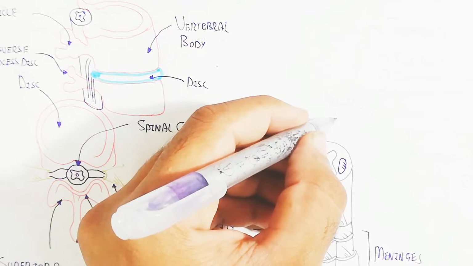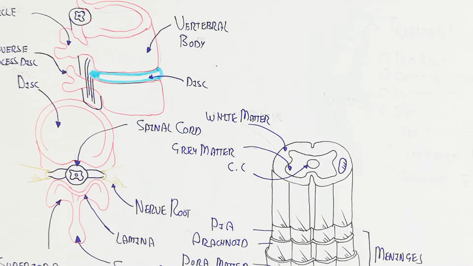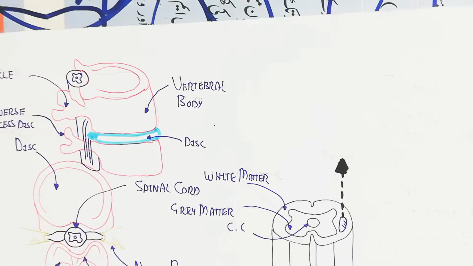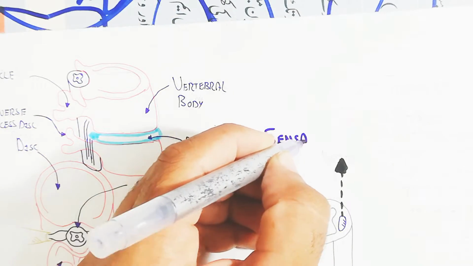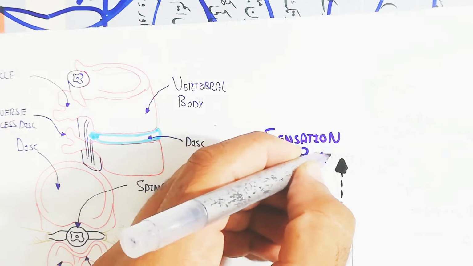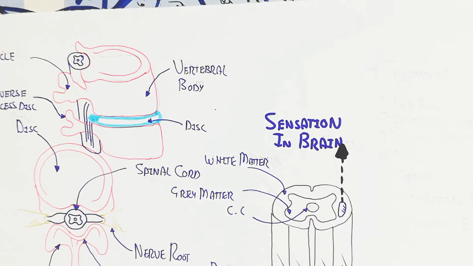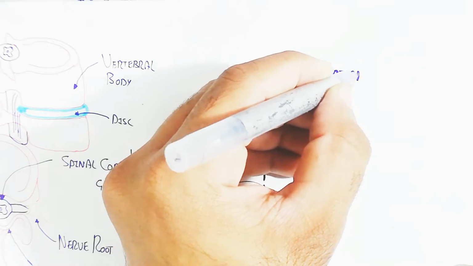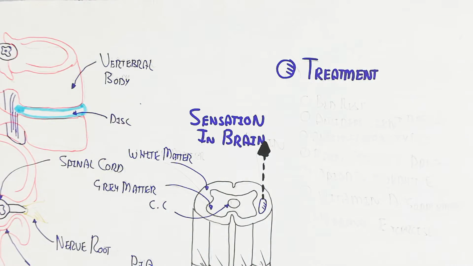Here is the white matter and gray matter, and the central canal is also present. This leads to sensation in a specific region of the brain, causing pain, and that is why we can feel pain, and this pain can be fixed through treatment.